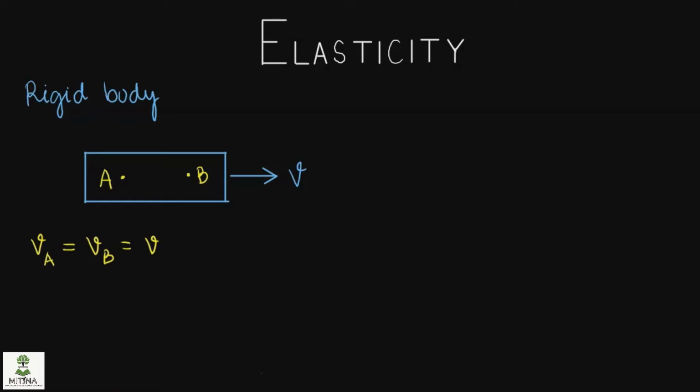Now if we consider velocity of A minus velocity of B, this comes out to be equal to 0 because both are equal. Now velocity of A minus velocity of B, we can write this as velocity of A with respect to B, and this is equal to 0. Velocity of A with respect to B is nothing but the relative velocity.